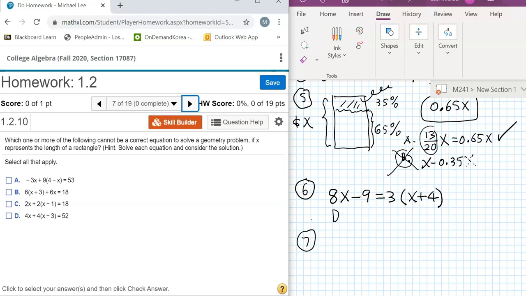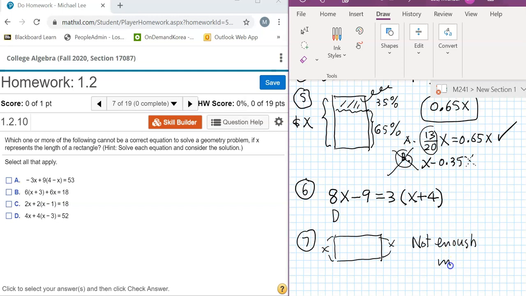So if x represents the length of the rectangle, so this is x. But you know what? Not enough information for this question.